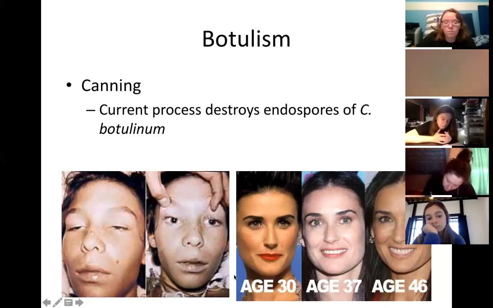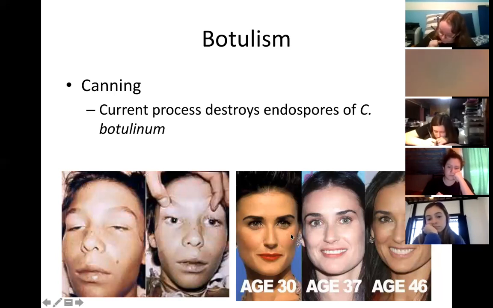So here you can see someone that has botulism. They're not able to control their muscles. But now we use it for cosmetics. If you've heard of Botox, that's injection of the botulinum toxin in specific areas.